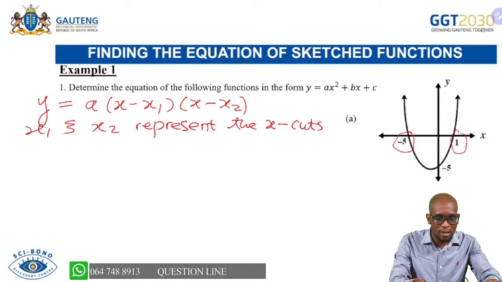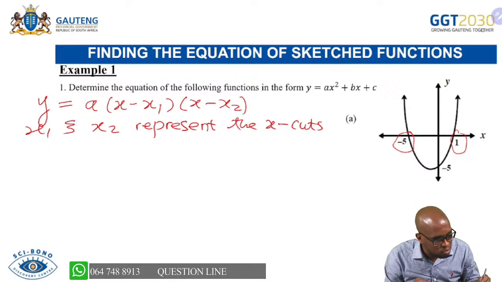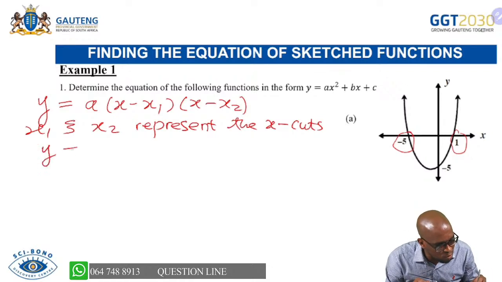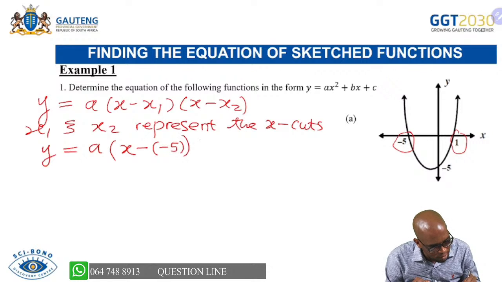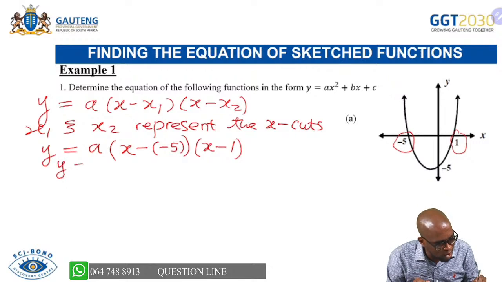So what we're going to do is we first substitute the x-intercepts in the standard equation. So we will get that y would be equals to a into x minus -5 times x minus 1. If you simplify this, this would be y is equals to a into x plus 5 x minus 1.